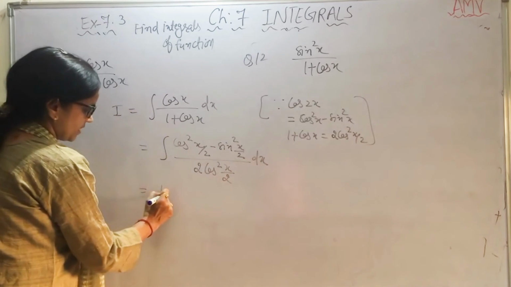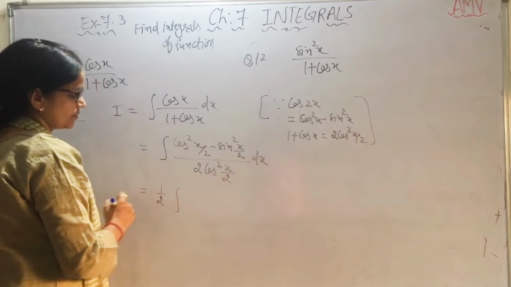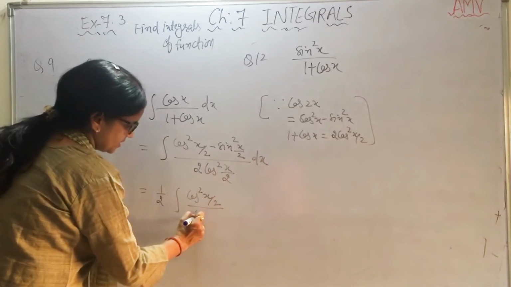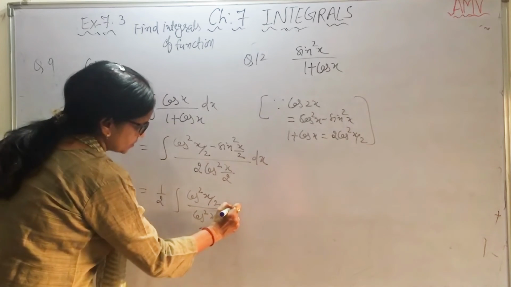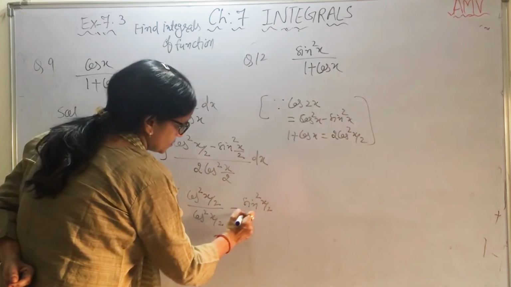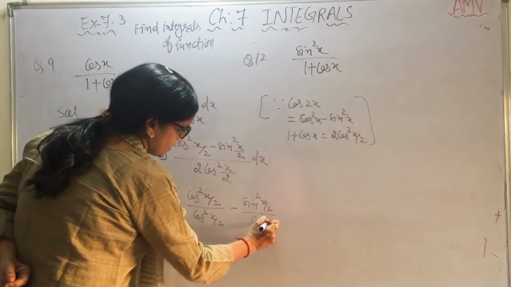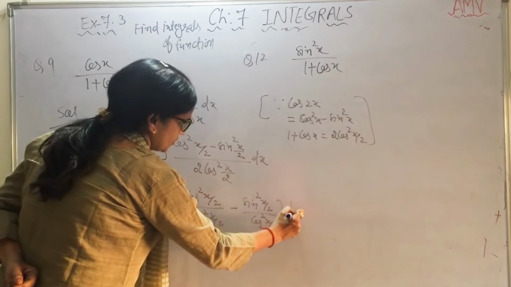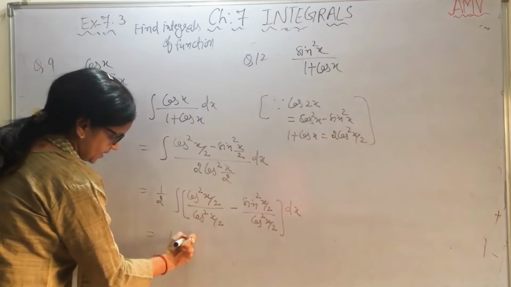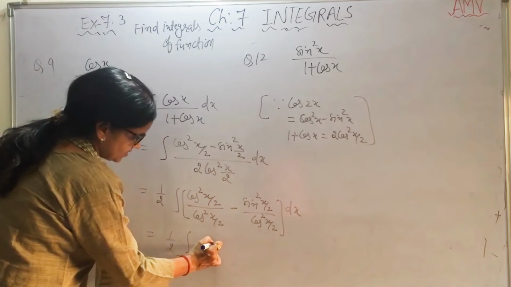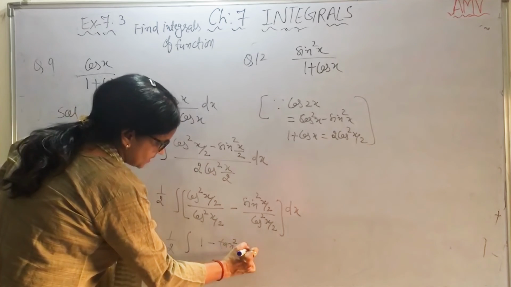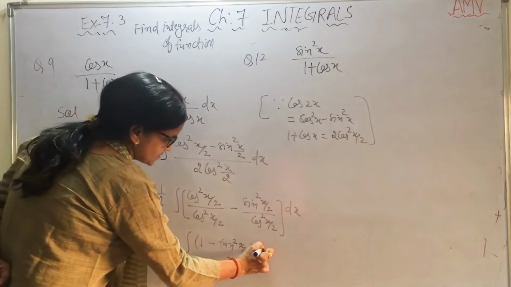Now take 1 by 2 outside. It's cos square x by 2 by cos square x by 2, then minus sin square x by 2 by cos square x by 2, whole integration. In the next step you will get 1 minus tan square x by 2 dx.